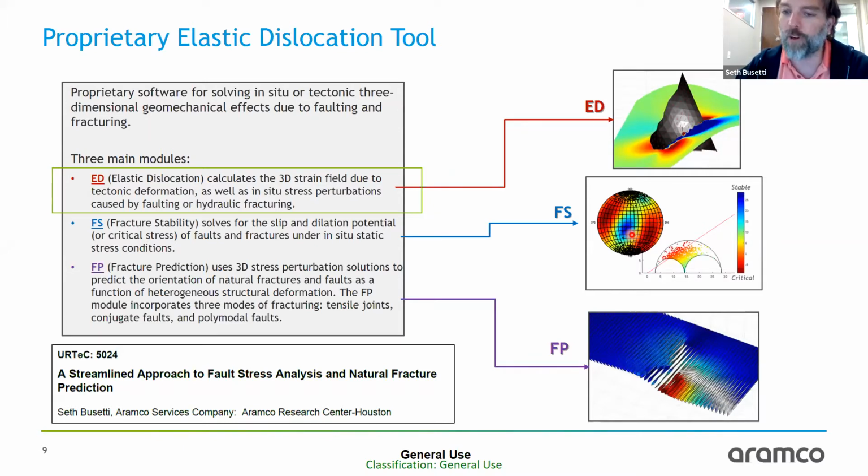That gives us some input into how we set up our boundary conditions and our slip perturbations. And then of course the Mohr diagrams and some of these things that I think many in the community are familiar with. And the other thing we'll touch on briefly is the ability to do fracture predictions.